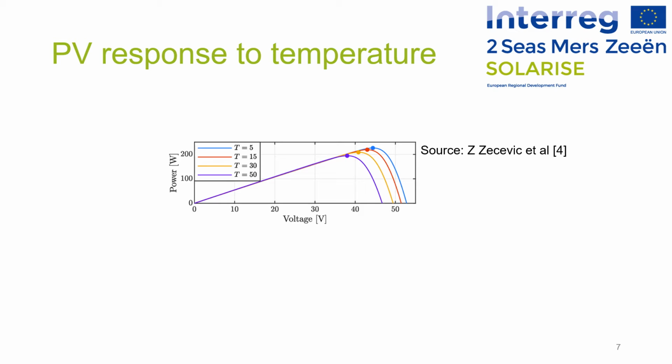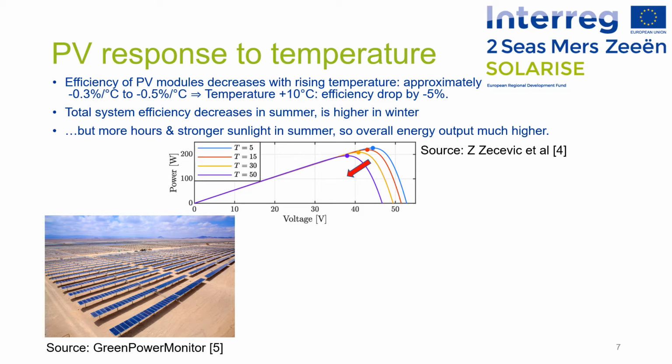When we're looking at the PV response to temperature, the efficiency of PV modules decreases with rising temperature, which is approximately 0.3% to 0.5% per degree centigrade higher, which means that a module temperature 10 degrees higher results in an efficiency drop of approximately 5%. As a result, the total system efficiency decreases in summer and is higher in winter.